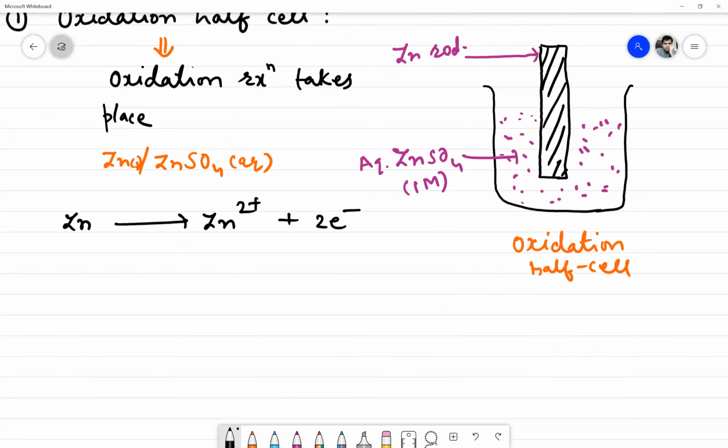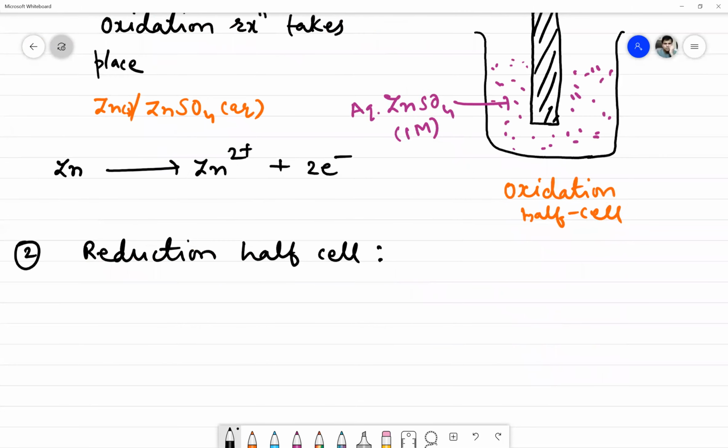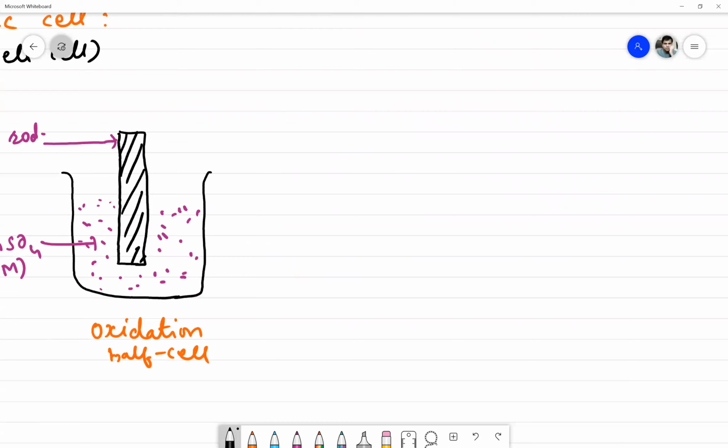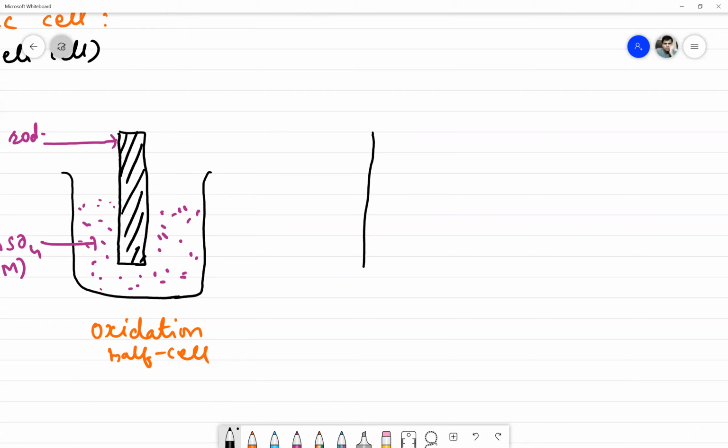The other half cell is called the reduction half cell. In this part of the cell, the reduction reaction takes place. This half cell is constructed by dipping a copper rod into a copper sulfate solution.